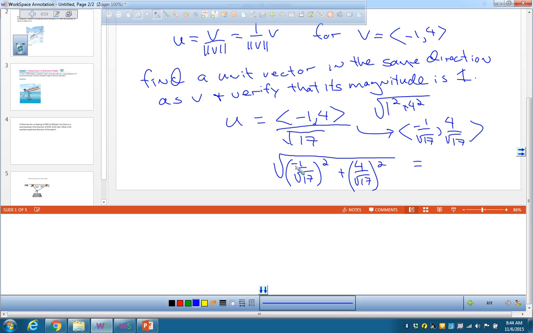What's 1 over the square root of 17 squared? 1 over 17. What's 4 over the square root of 17 squared? 16 over 17. What's 1/17 plus 16/17? 17/17. What's the square root of 17/17? 1. So I just verified that the magnitude is equal to 1.